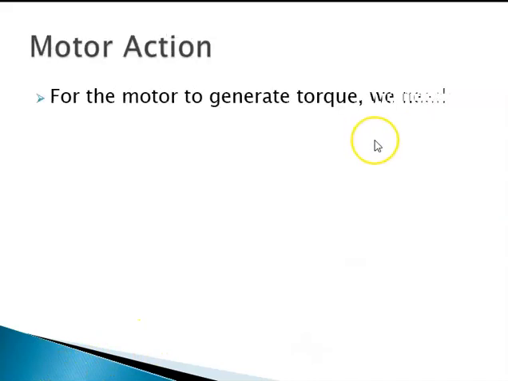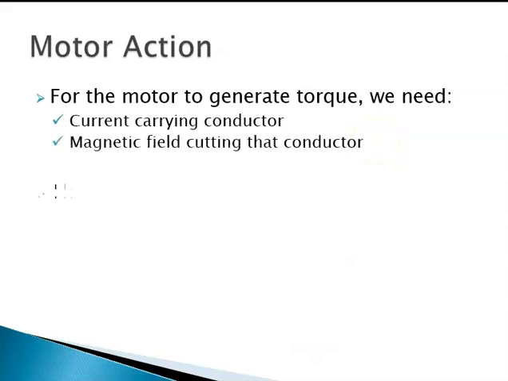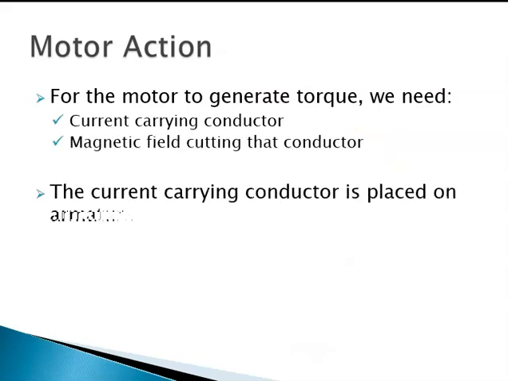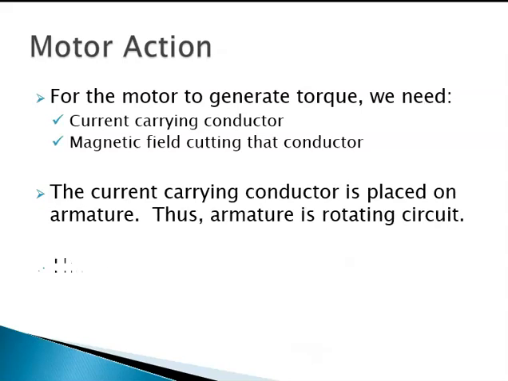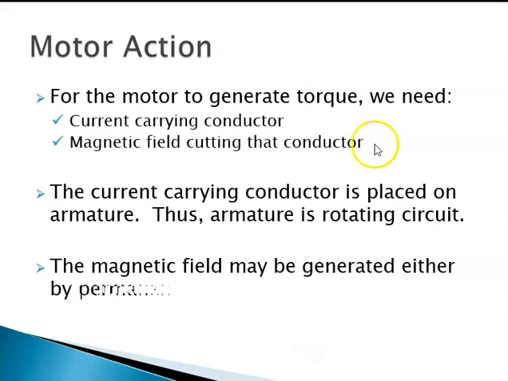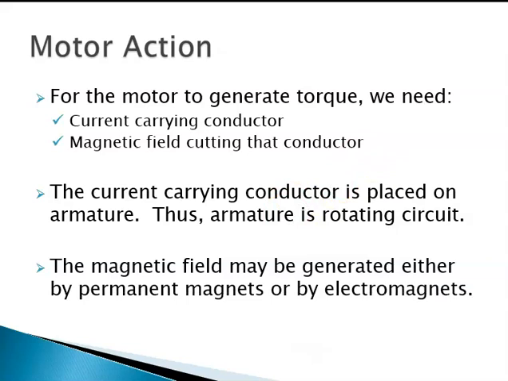We saw in the earlier video that for a motor to generate torque we need two things: one, a current carrying conductor; two, a magnetic field cutting that conductor. The current carrying conductors are placed on the armature, which is the rotating part of the motor.